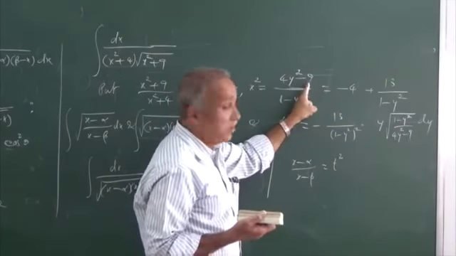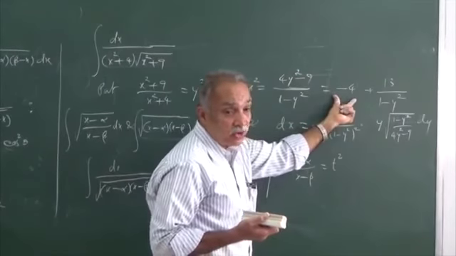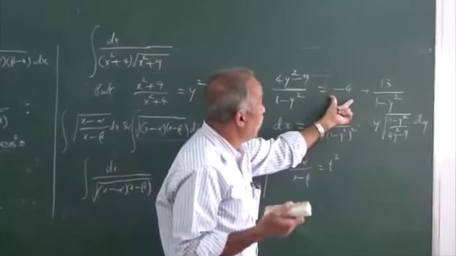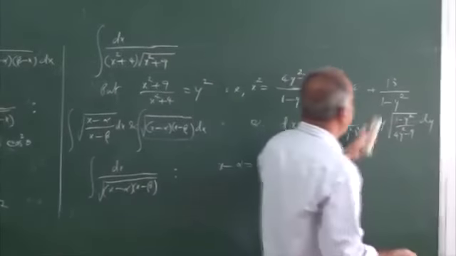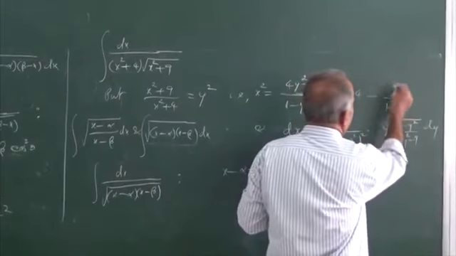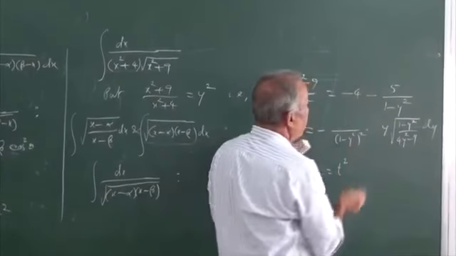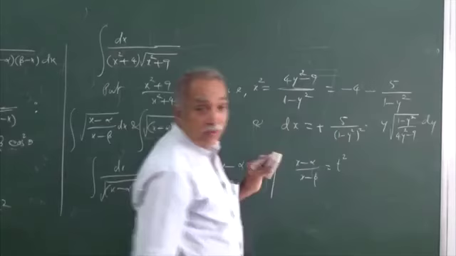So, minus 4, that part is covered on getting this quotient. Remaining part is not plus 13, it is just minus 5. Right, correct. So, this will become plus 5.